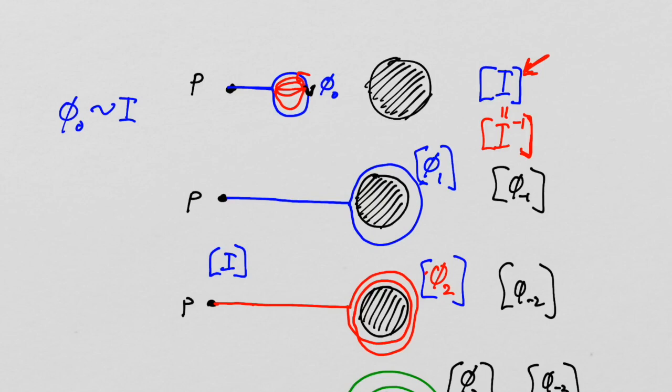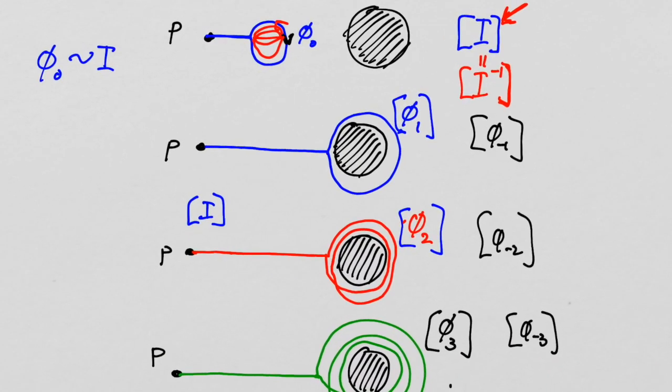Okay, so now the abstract part comes. This is the part that gives people a lot of trouble. Each of these equivalence classes is a giant set of loops, yes. But forget about all that. Now let's just think of the equivalence class itself as a thing. It's just a thing that we've defined as an equivalence class of all these loops, yes, but I want to think of just the equivalence class.